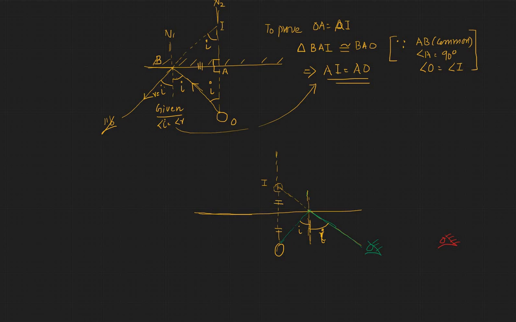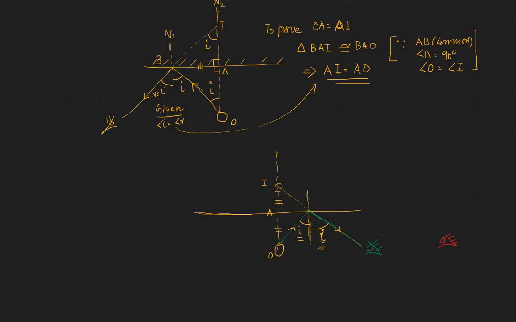So we know that image distance equal to object distance implies that these two angles will be the same, provided we take a ray and draw a line from the incident point towards I. So that's how the ray goes out.